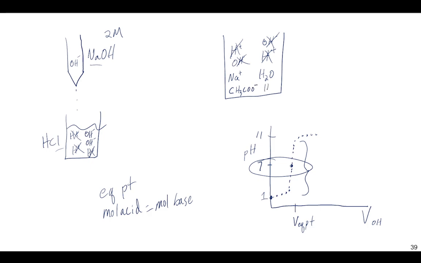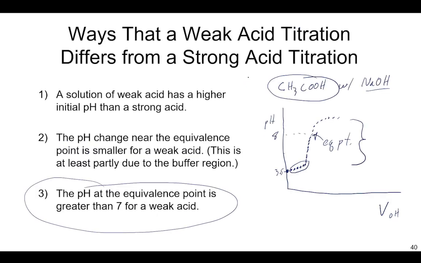Yes, you've neutralized the H plus off of that, but you've left behind this CH3COO minus, which is a base and will affect the pH. And so at equivalence, you've gotten rid of all the H pluses, but there's still something left behind that is basic. Hence, the pH at equivalence will be basic, not exactly neutral.